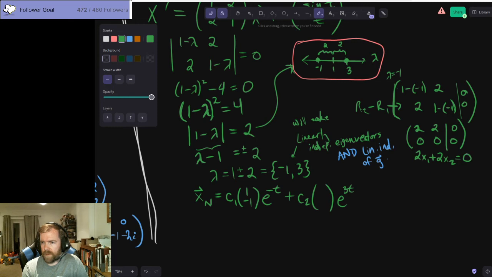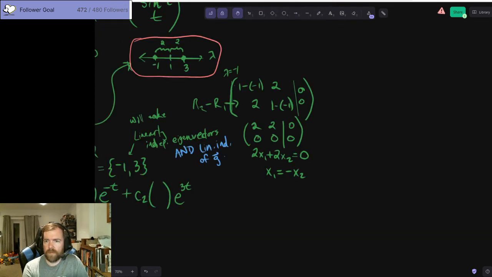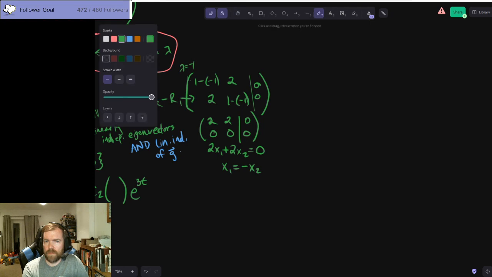C2 times V2, this eigenvector 2, is going to be similar. We just put in lambda equals 3 rather than -1. So 1 minus 3, 2, augment 0, and 2, 1 minus 3, augment 0.